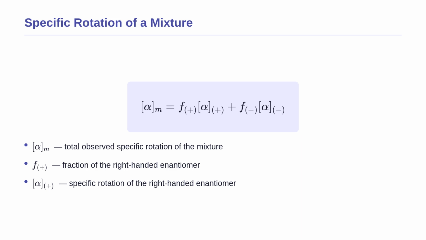The symbol F sub plus is the fraction of the right-handed, positive rotating enantiomer, and alpha sub plus is its specific rotation. Similarly, F sub minus and alpha sub minus represent the fraction and rotation of the left-handed enantiomer. If the fraction of either enantiomer increases, the total rotation will shift in that direction.